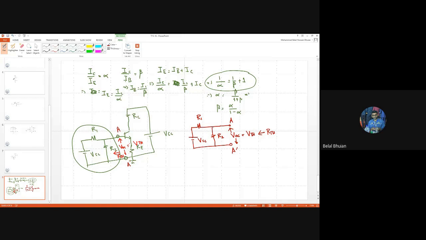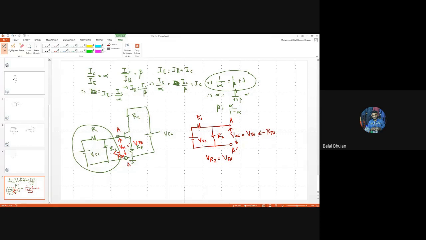So what is the open circuit voltage? The voltage across R2. So VR2 is our VTH. How can we determine VR2? We can determine it a number of ways. Since this terminal is open, no current is flowing there, so it's essentially a series circuit.